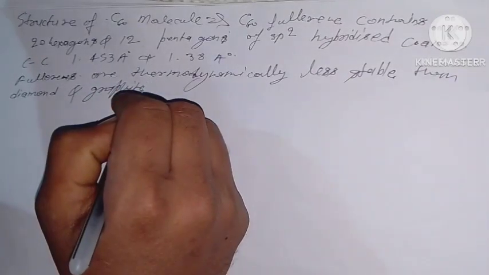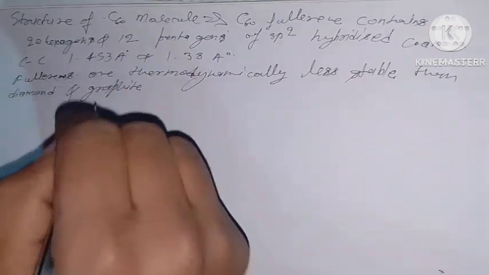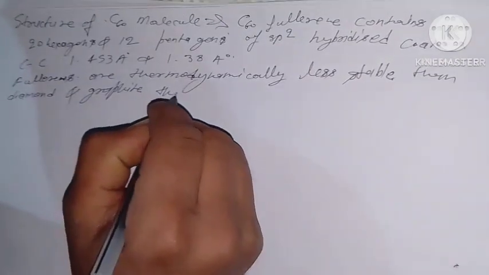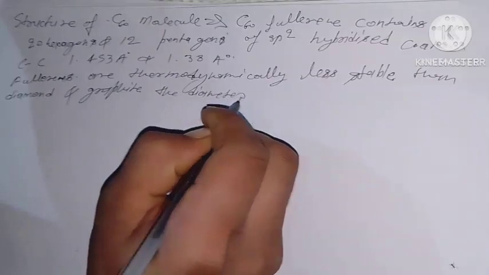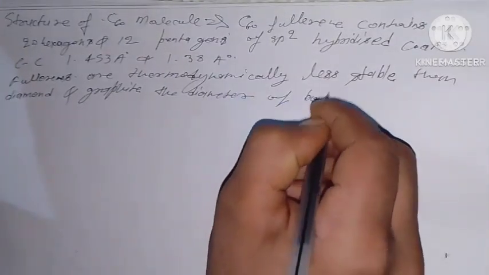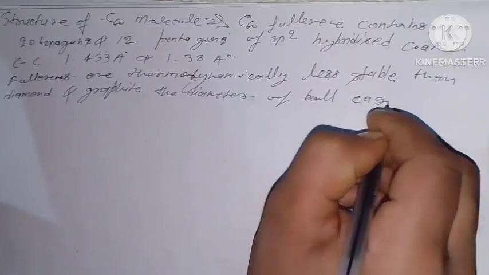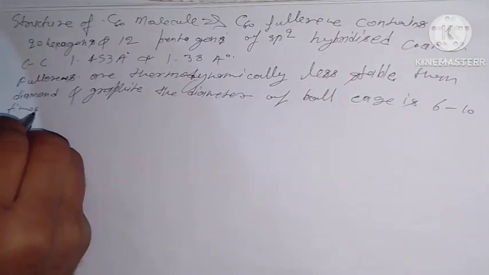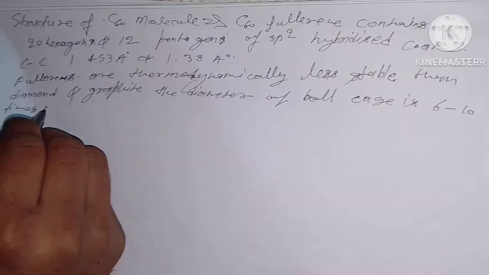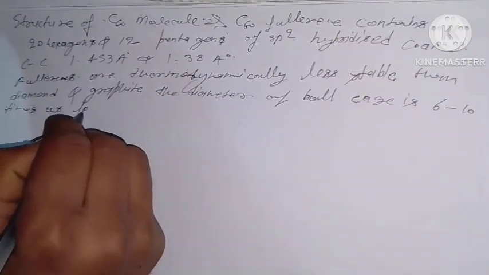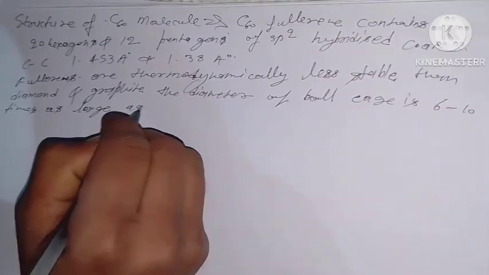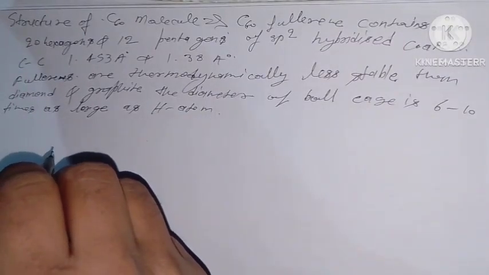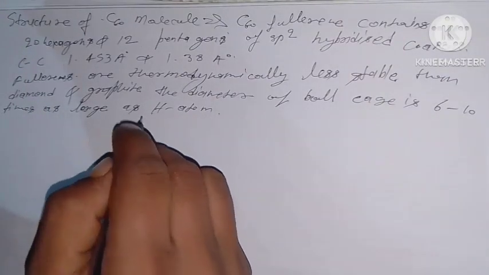The diameter of the ball cage is 6 to 10 times as large as a hydrogen atom.